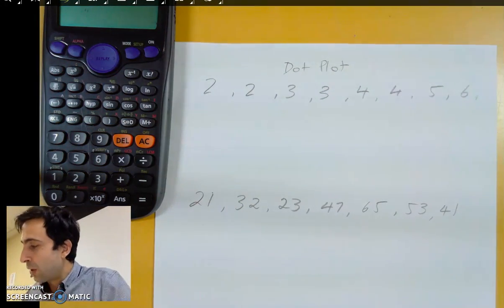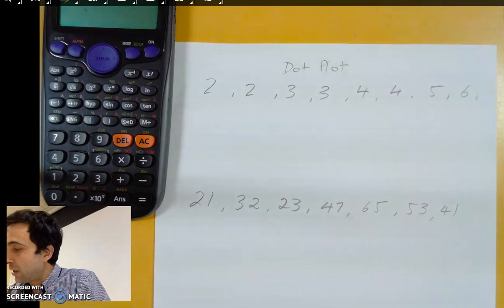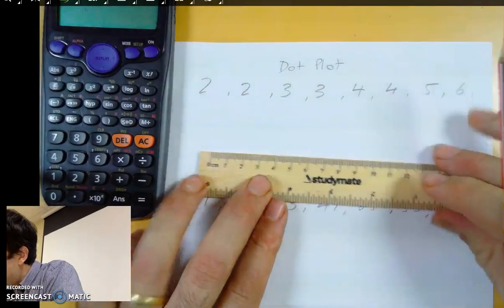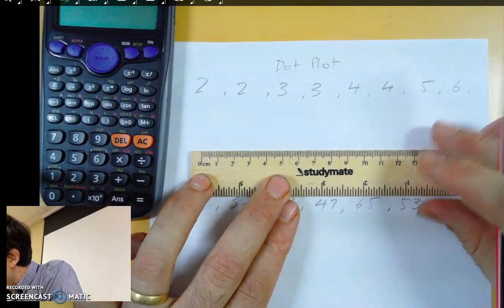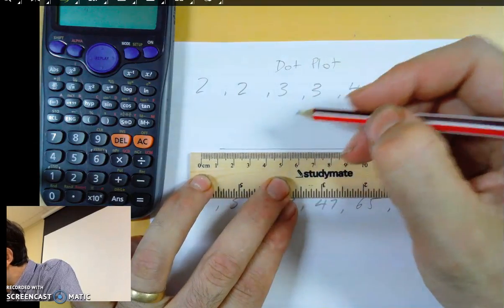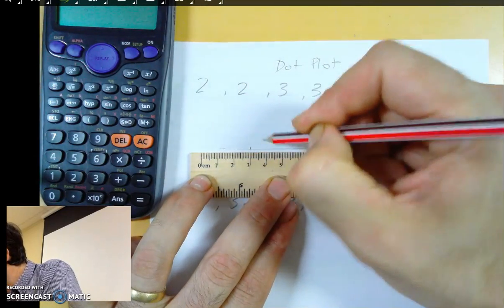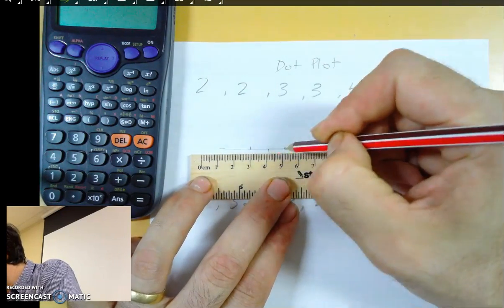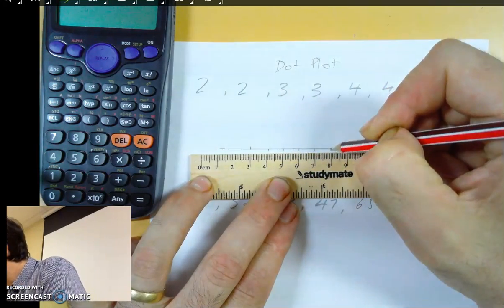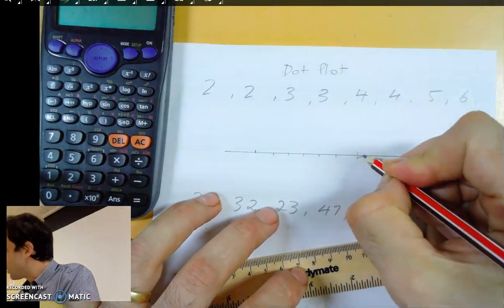All it effectively is a line that we draw, and I'll just mark it at centimetres, 1, 2, 3, 4. Way too big than what it needs to be. Use my rubber.